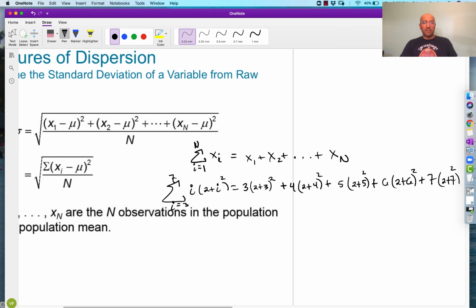Because of the 7 there. Okay, so that's what this notation means.